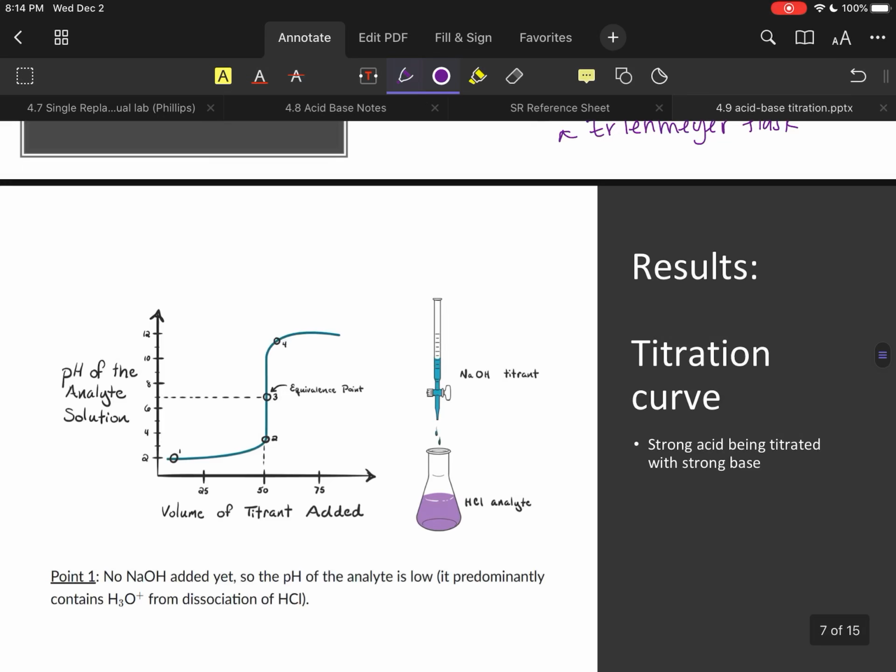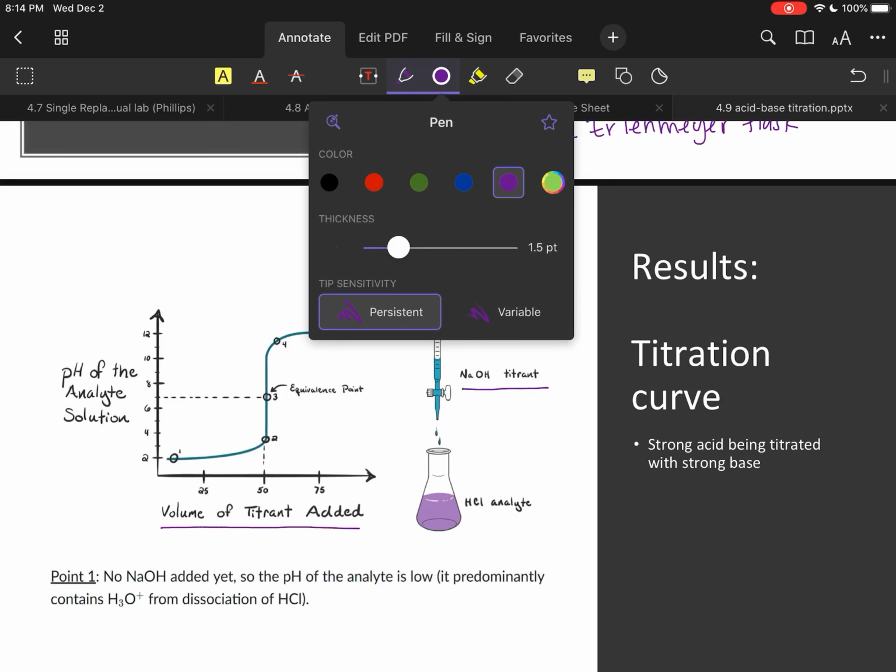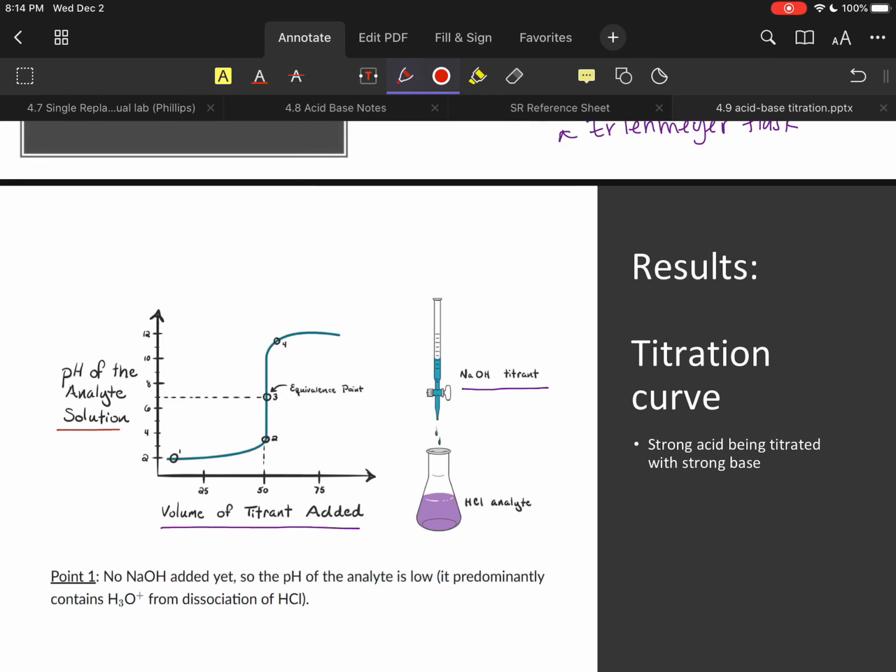Once we get everything set up, we have a graph where we've plotted the volume of our titrant, that's up here, and then we have the pH of our solution. That's going to be our total solution down here in the bottom as we're adding our base.